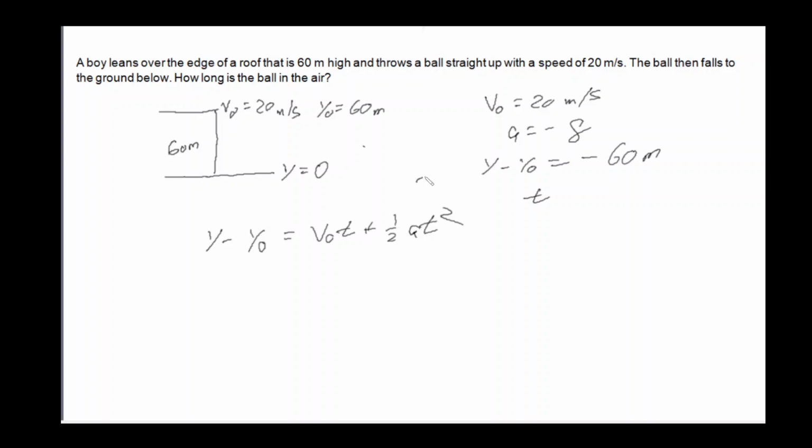From above, y minus y0 is minus 60 meters, the initial velocity is 20 meters per second times time, and because a is now minus g, it's minus 1/2 gt squared.